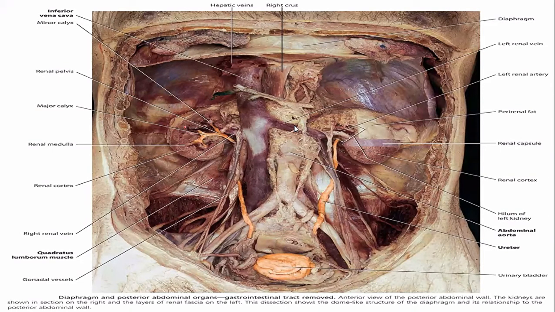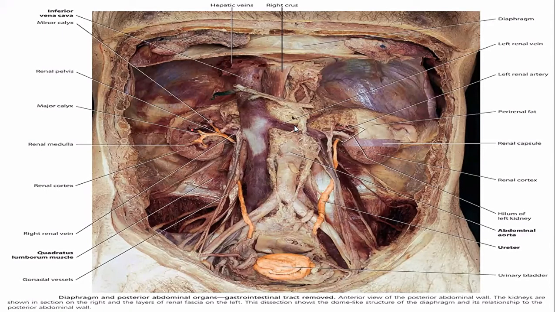So in the cortical nephrons, only a small part of the loop of Henle would be going down here, into the medulla and then the cortex.